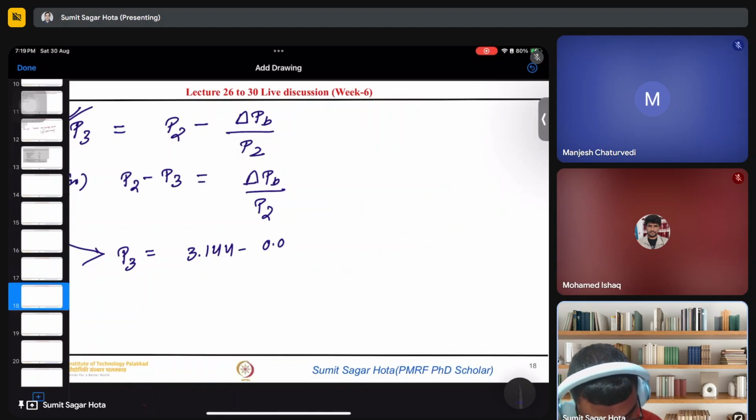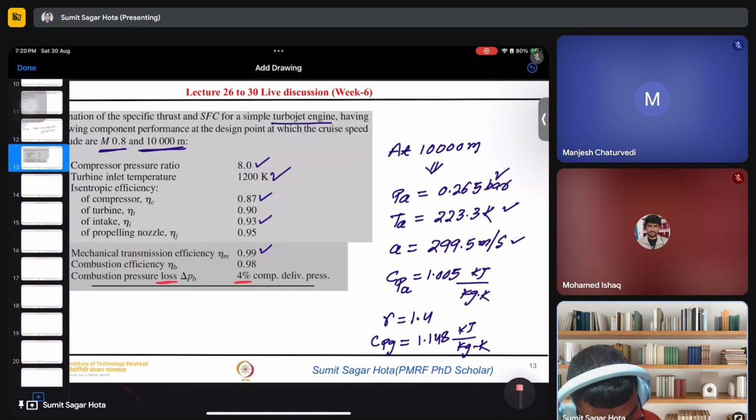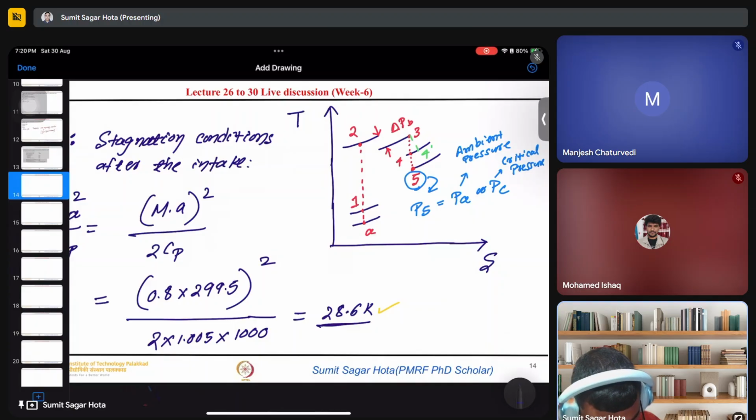One thing we can do, instead of taking it as compressor delivery pressure and all this, we just assume it as the combustion pressure loss. That's better, otherwise it will be a little confusing.